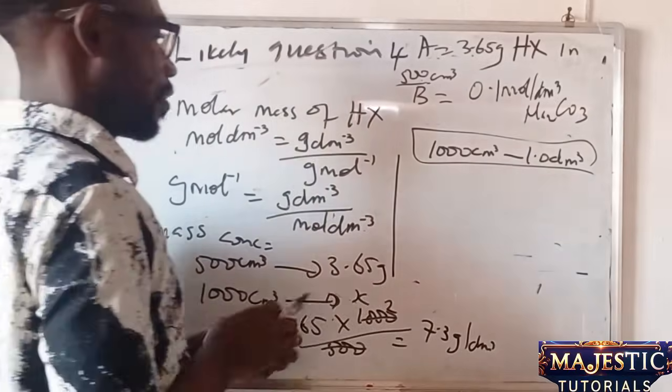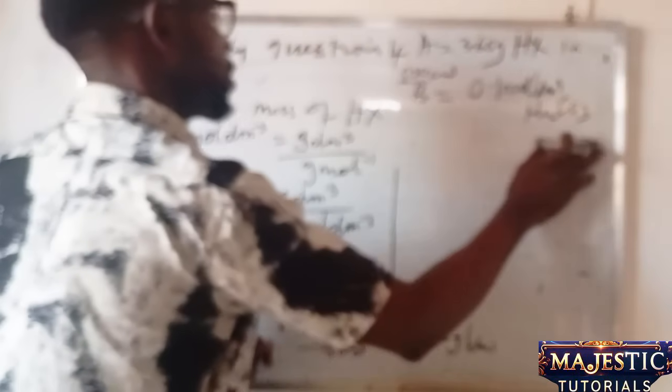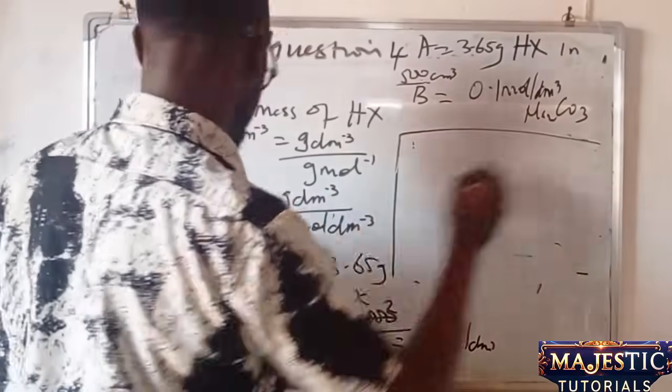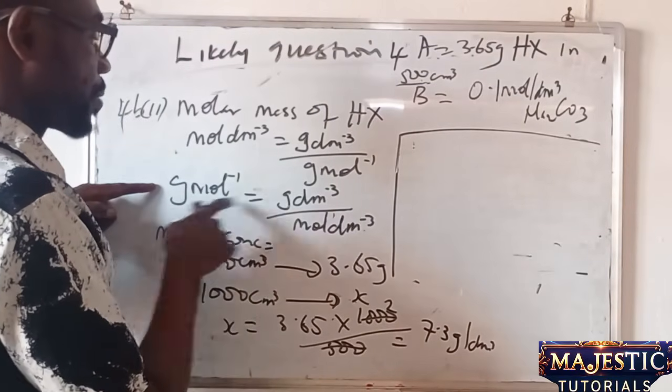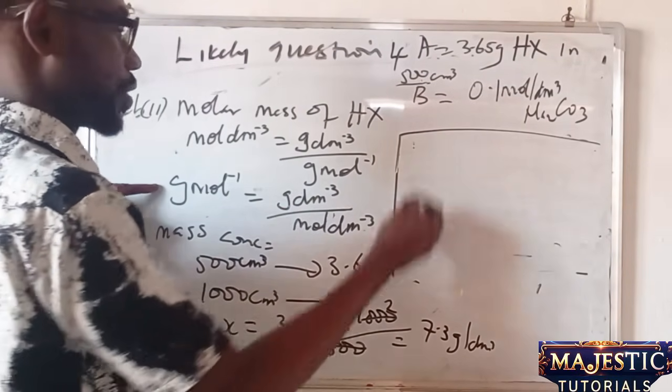We can now move ahead to find the molar mass of solution A. Substitute values immediately. Gram per mole is gram per dm cube over mole per dm cube. We have already gotten gram per dm cube as 7.3.